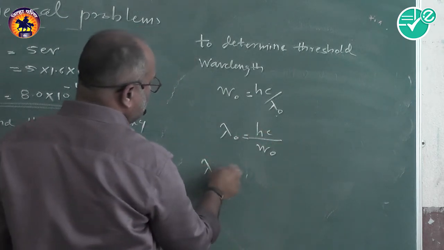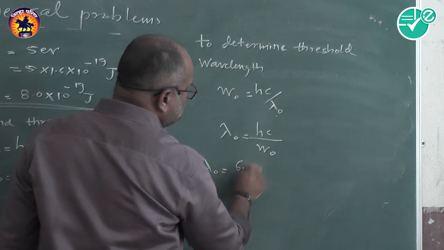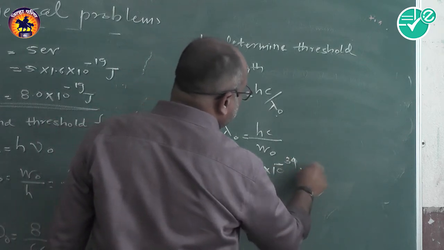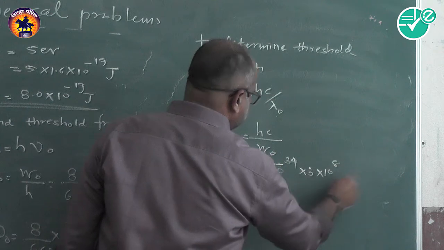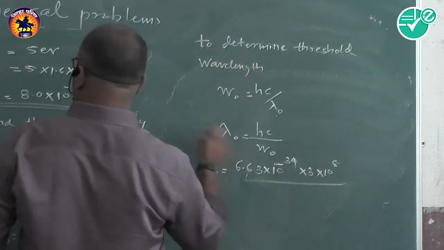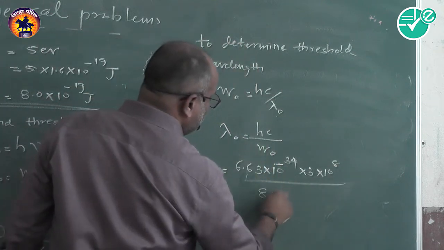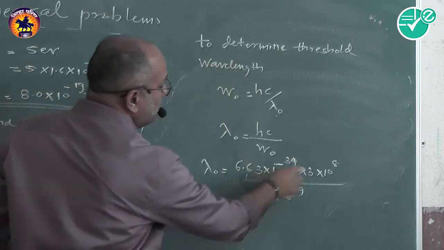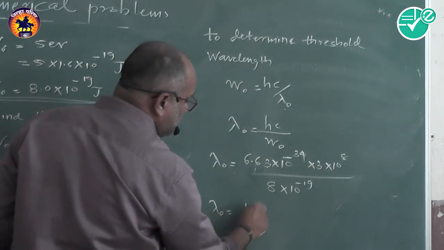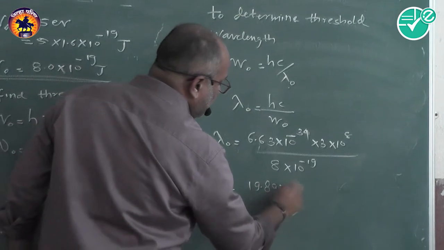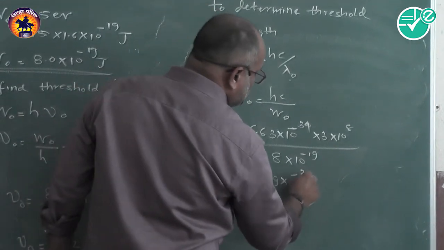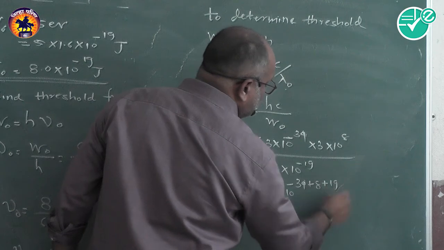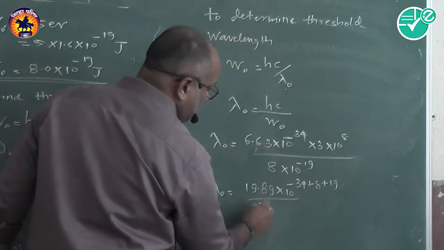So lambda 0 is equal to value of H 6.63 into 10 raised to minus 34 into 3 into 10 raised to 8 divided by W0 is equal to 8 into 10 raised to minus 19. So lambda 0 is equal to, this multiplication comes to be 19.89 into 10 raised to minus 34 plus 8. This will come into the numerator, plus 19 divided by 8.